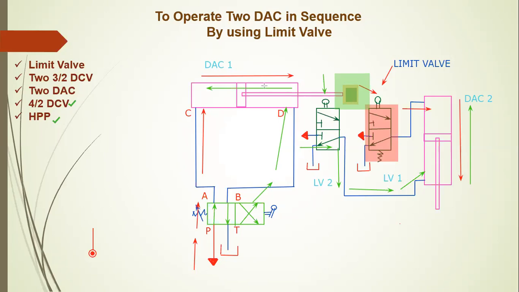For the forward direction, first operate double acting cylinder first and second operate double acting cylinder 2. In the retract condition, when the oil flows from the other side of the cylinder, the first cylinder operates first and hits this point, and this limiting valve is operated by the 3 by 2 direction control valve, and oil enters this way and operates the second cylinder, which retracts and the piston moves in the upward direction.